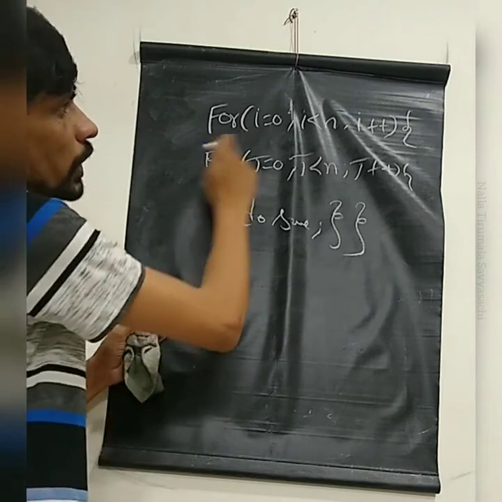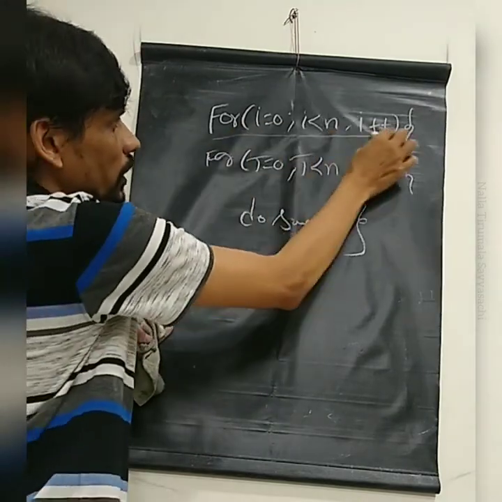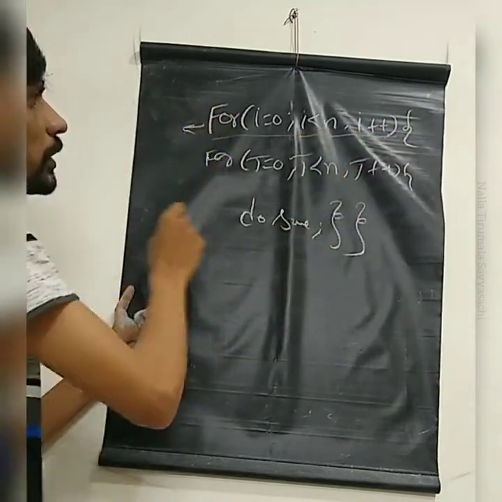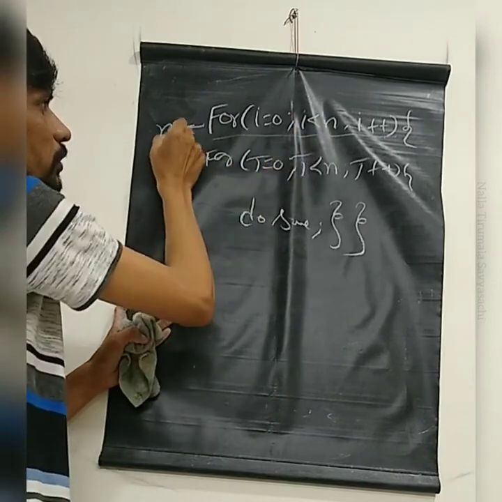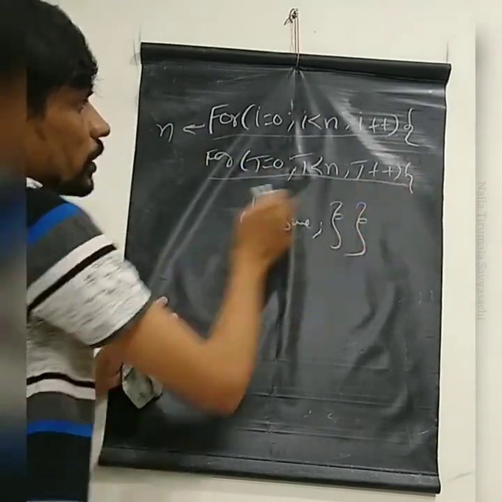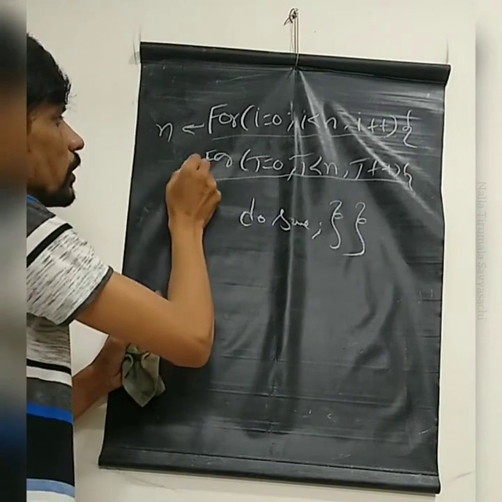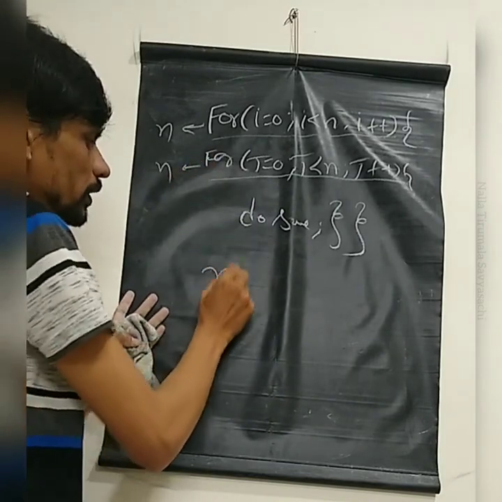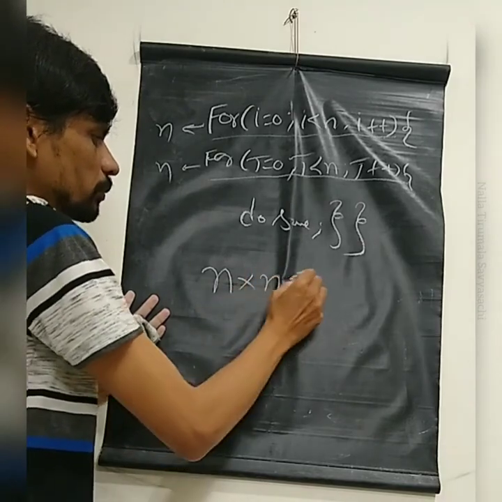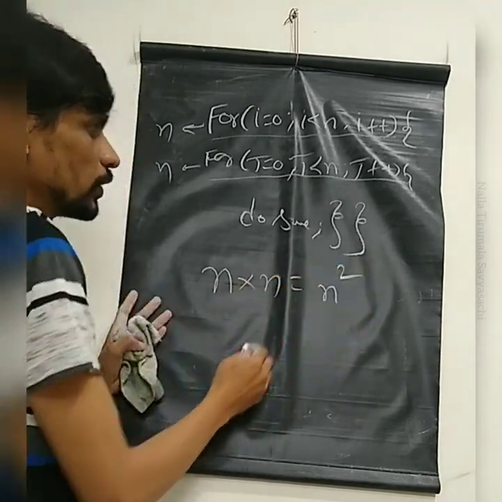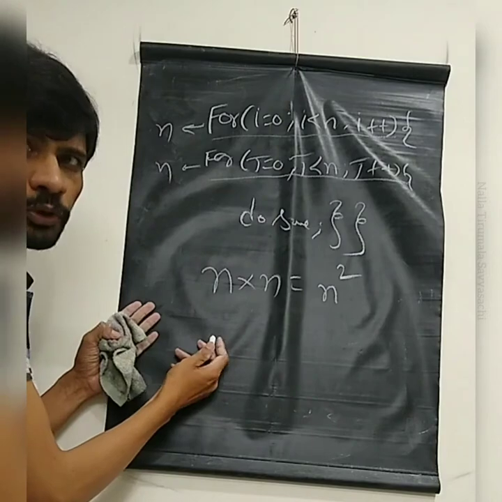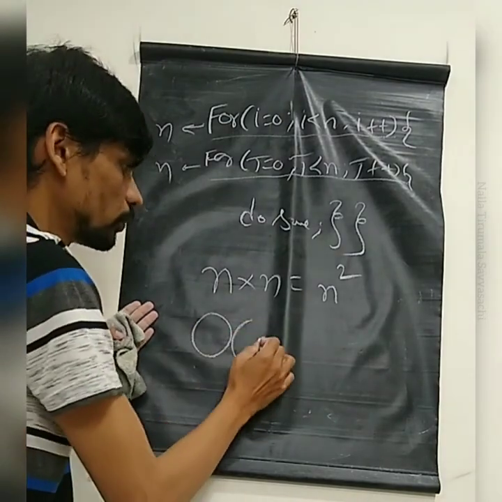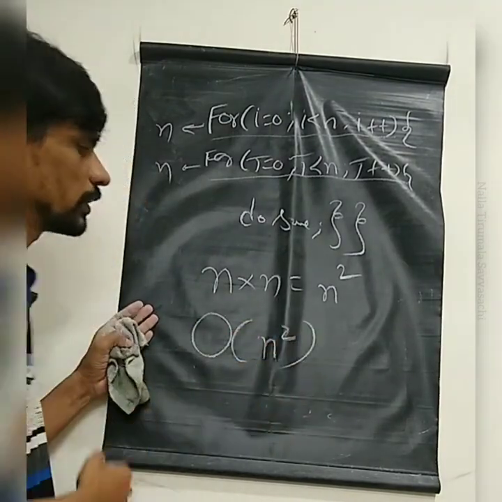We already learned how many times it will repeat. The i loop repeats n times, and the j loop also repeats n times. So how many times will this do? n multiplied by n, that means n square. So what is the complexity of this program? Big O of n square, right?